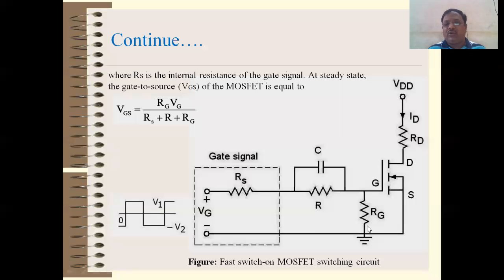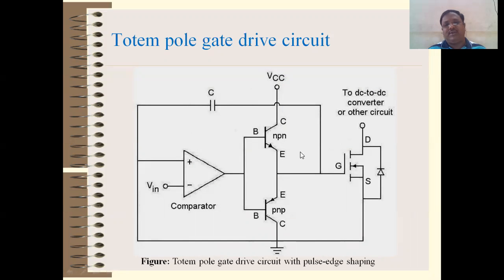If this RG is not equal to 0, it drops some voltage, so the time required to turn on the MOSFET is definitely large, right? So this RG is replaced with an NPN transistor, right? So the NPN transistor acts as RG during on time, and the PNP transistor acts as RG during turn off time.